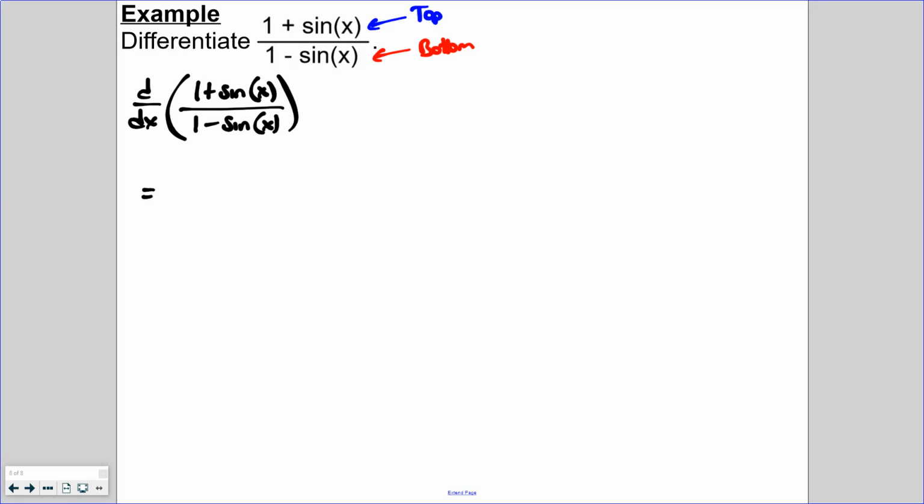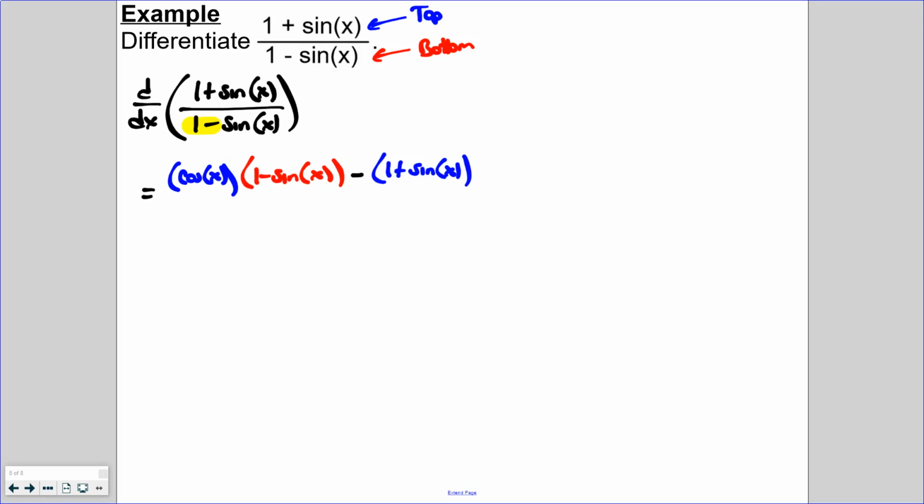So let's see, we're going to do the derivative of the top. So we're going to take the derivative of 1 plus sine of x. Well, the derivative of 1 is 0, and the derivative of sine is cosine. And we're going to multiply that by the denominator, or the bottom, minus. Then we're going to just rewrite the top, 1 plus sine of x.